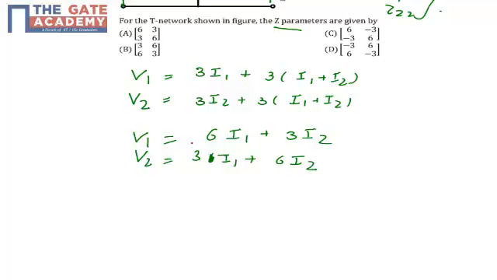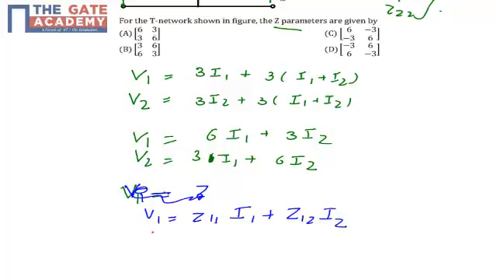Now if you compare these two equations with the general equations of the Z parameters, V1 is equal to Z11 times I1 plus Z12 times I2, and V2 is equal to Z21 times I1 plus Z22 times I2.